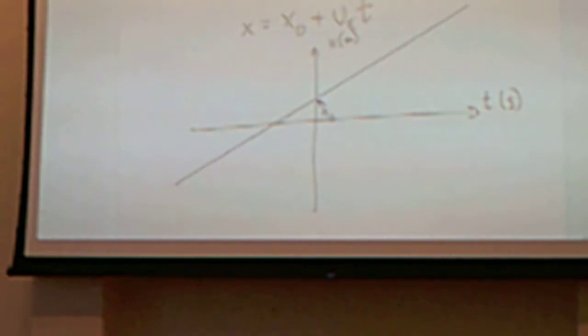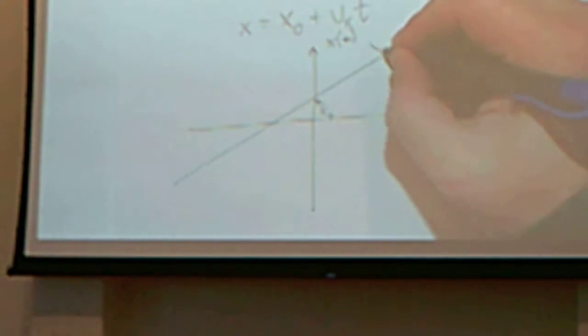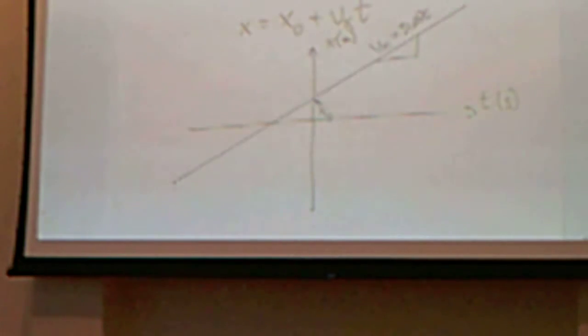I don't want to confuse it with x. That's going to be equal to x naught. And then what's vx? vx is going to be the slope of this line, in terms of the number of meters that this object traverses in a given number of seconds across the time axis.